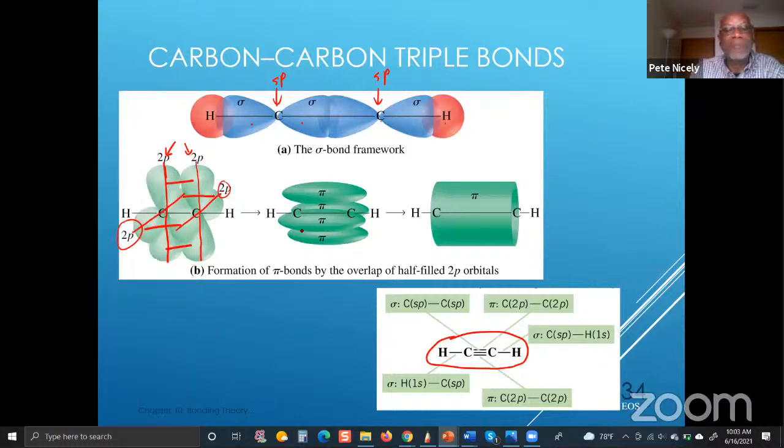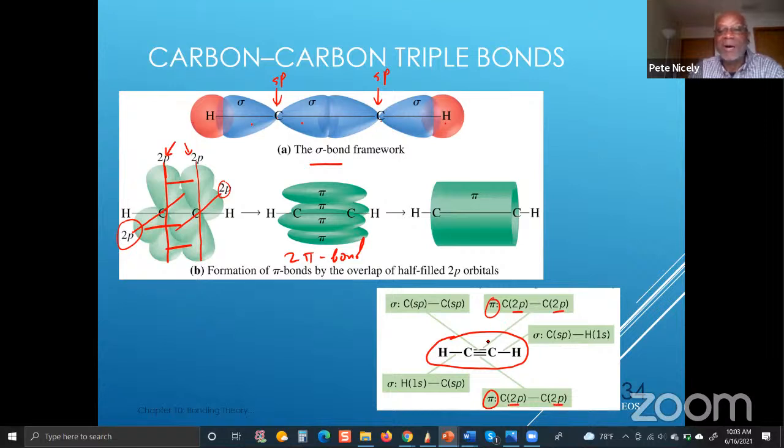So the result would be the formation of two pi bonds, right? So you have two pi bonds being formed as well as a sigma bond being formed between the two carbon atoms, right? So over here, they summarize what's happening. There are two pi bonds formed as a result of the sideways overlap of two p orbitals.